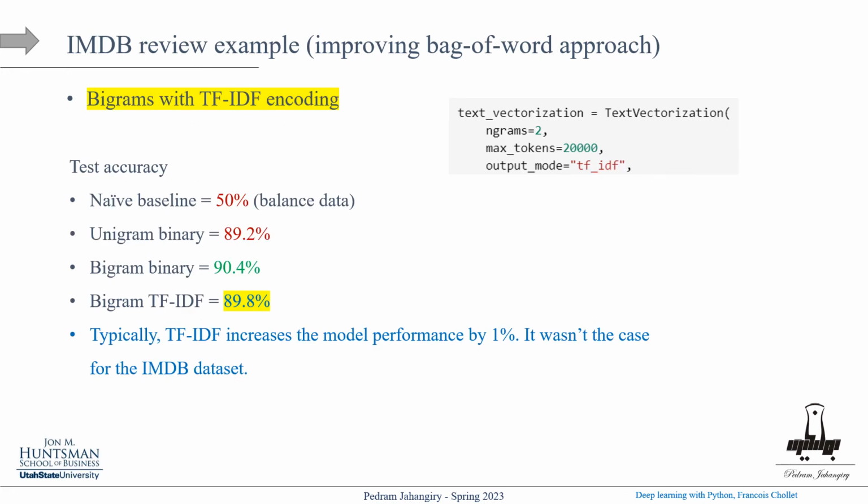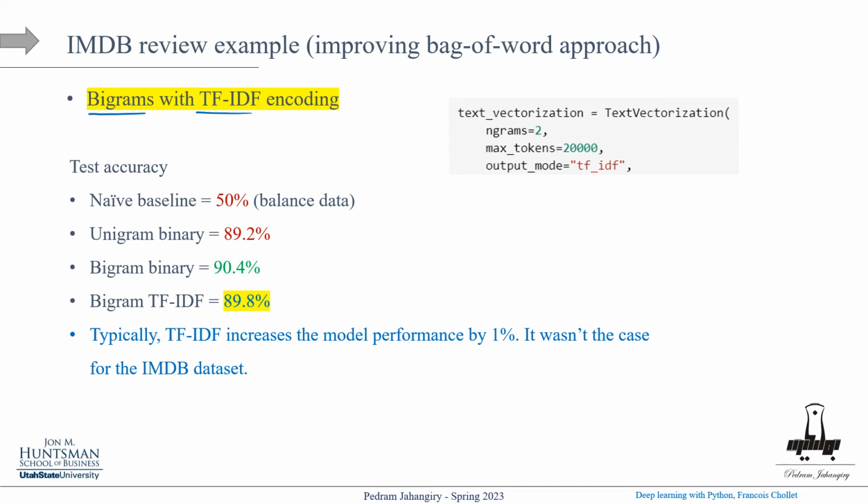Okay, we like the Bigram tokenization method, so we're going to keep that, but we're going to change our encoding method. We're going to use TF-IDF, term frequency, inverse document frequency. The idea is that the number of times each term is repeated in each review, compared to the number of times that term is repeated in the entire data set, has something to do with better classification, right?